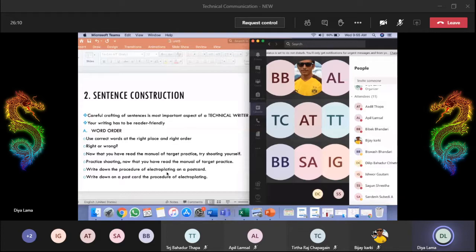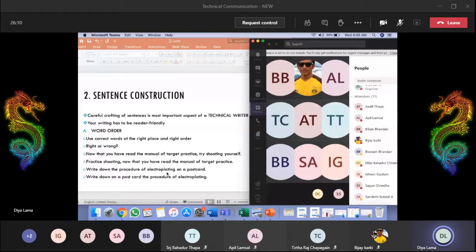Now the next sentence, I think it's the correct one. What is written: write down on a postcard the procedure of electroplating. So what has this mentioned? Write down on a postcard, so write on a postcard. Write what?